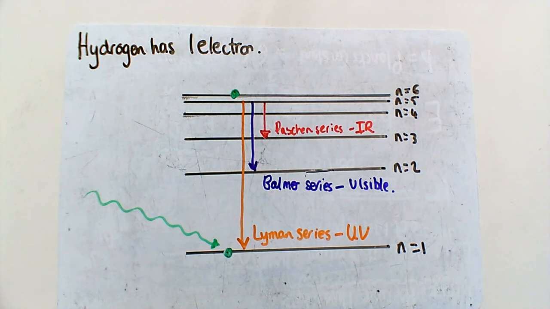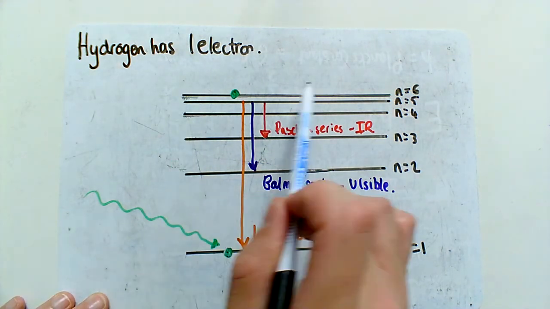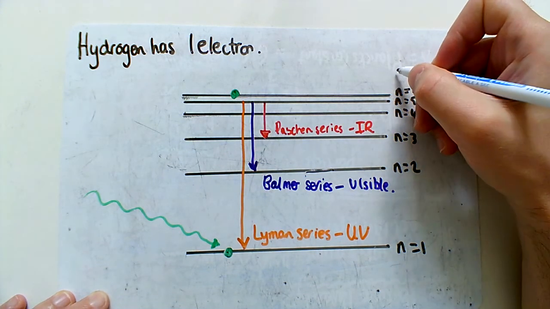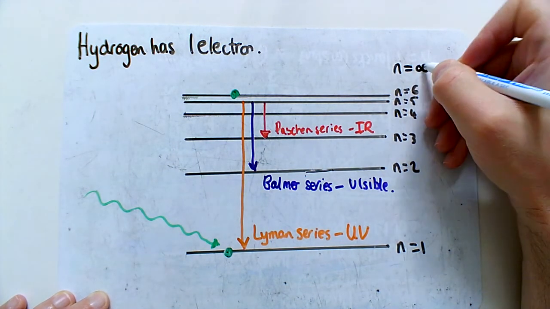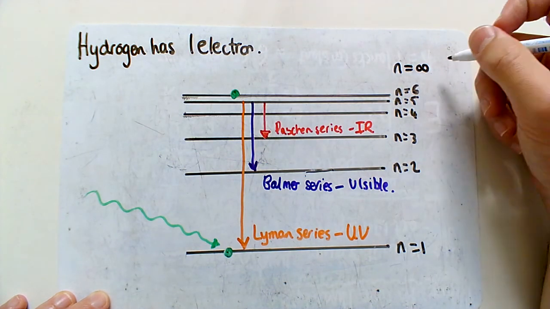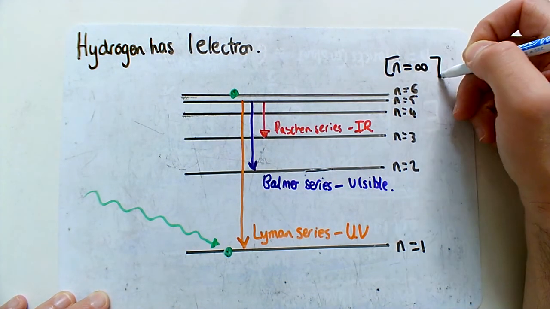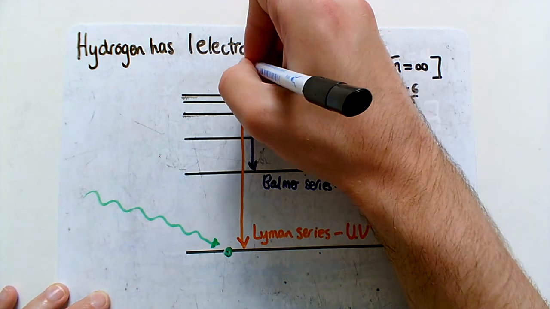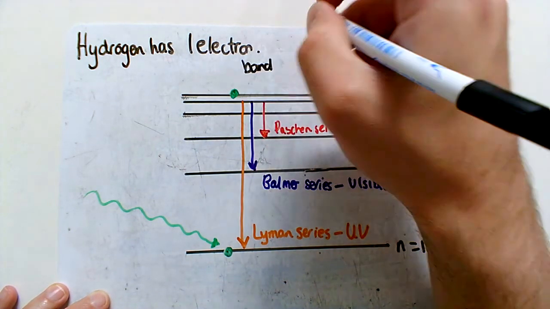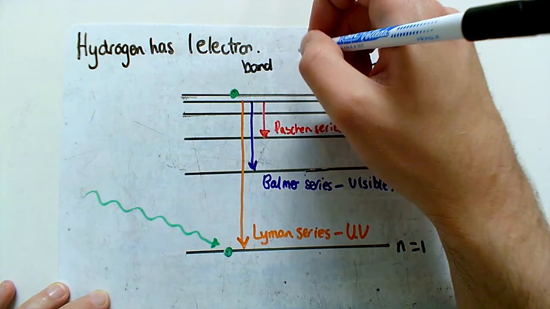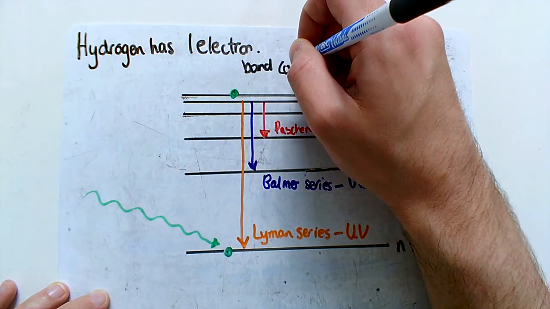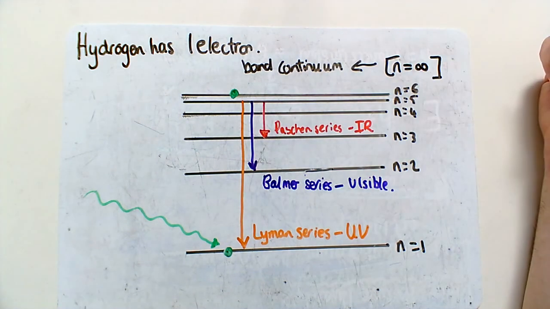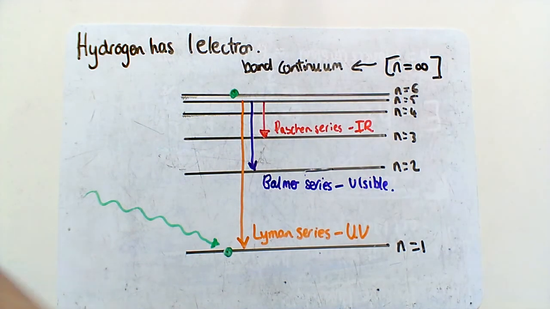Another thing to note is that these lines keep getting closer and closer together. Eventually they get so close that at a point we call n equals infinity, rather than seeing individual lines, you start to see a thicker band of lines, which we call a continuum. A continuum is just a small version of a spectrum.